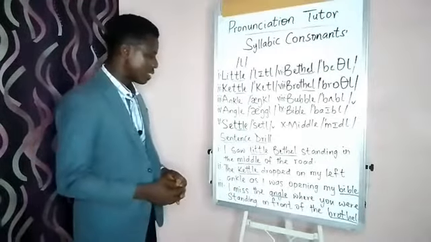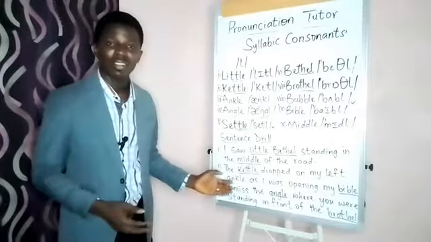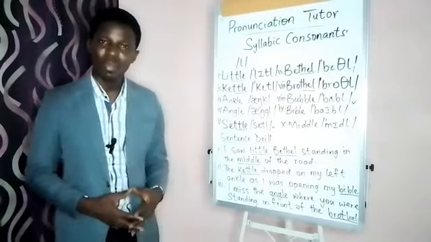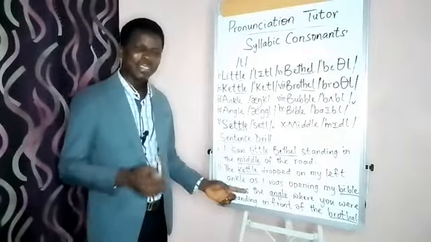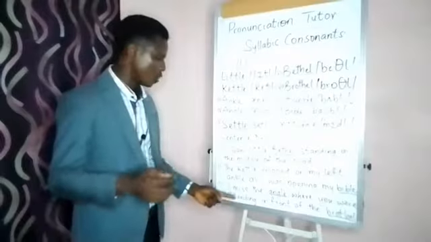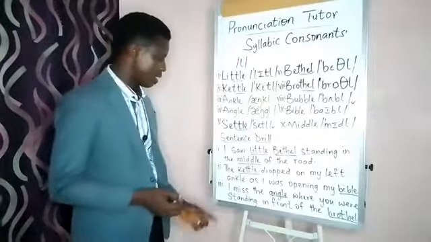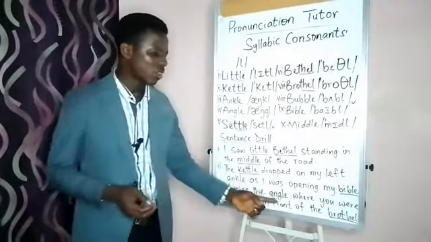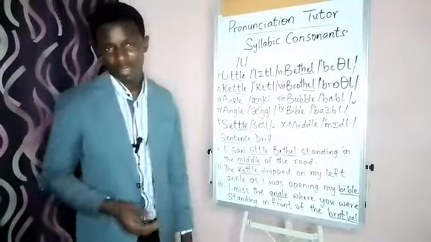I'll take that again. The kettle dropped on my left ankle as I was opening my Bible. And number 3. I missed the angle where you were standing in front of the brothel. I'll take that again. I missed the angle where you were standing in front of the brothel.